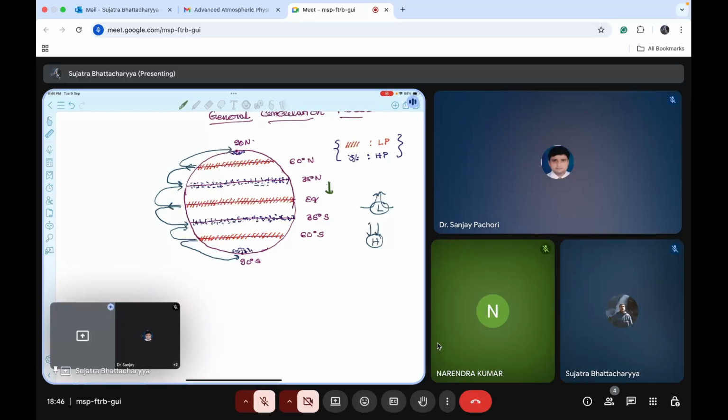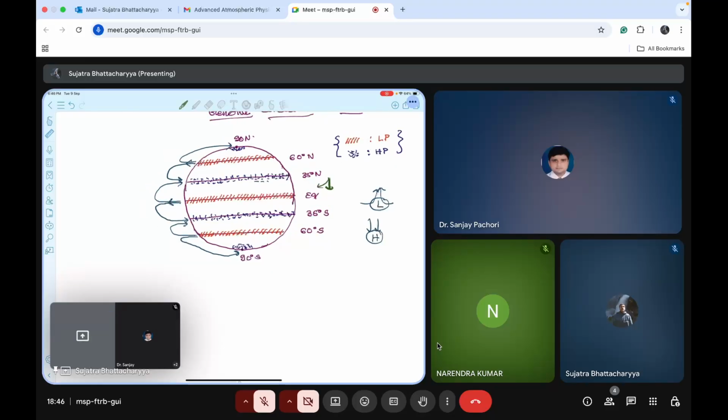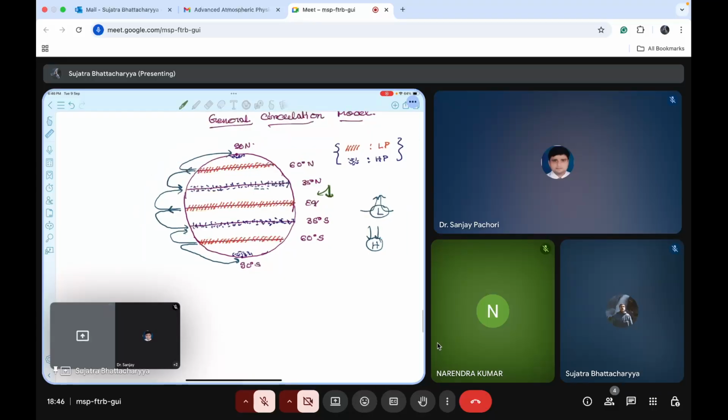So if the wind is coming here, just sit on top of this arrow and see where its right direction is. The right direction should be here, right? Just visualize this. So your general winds should be like this.